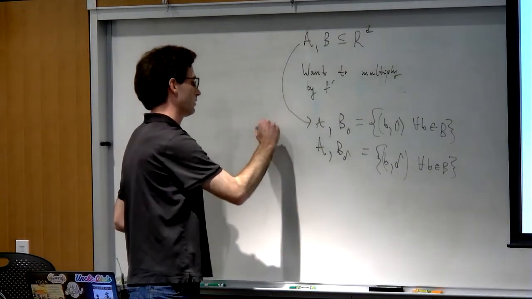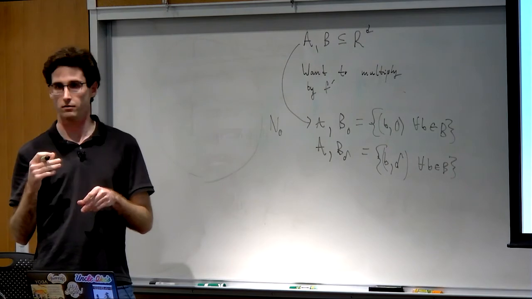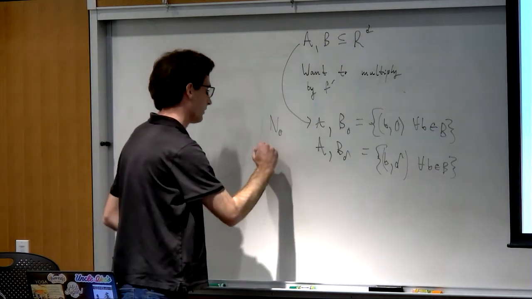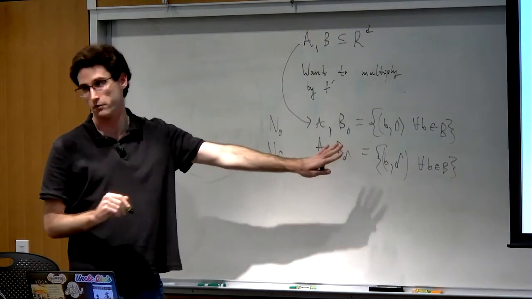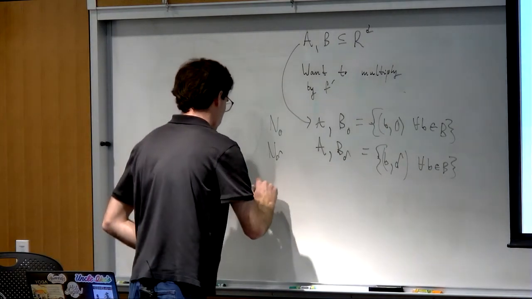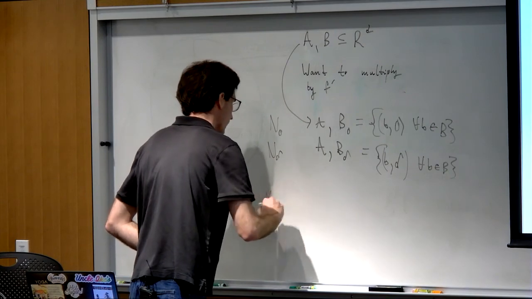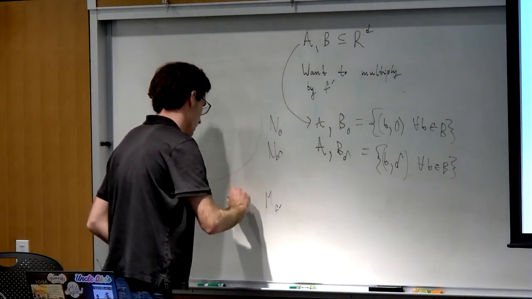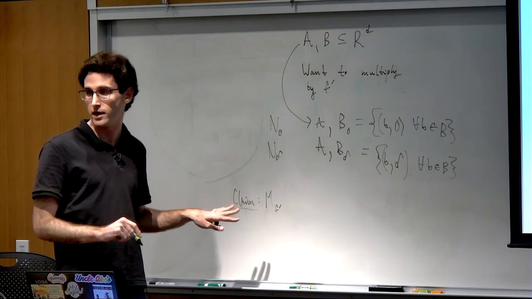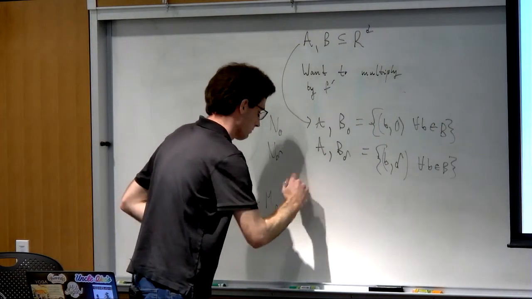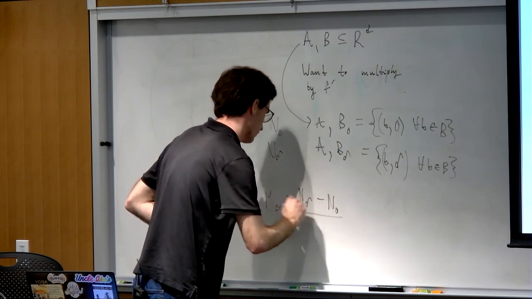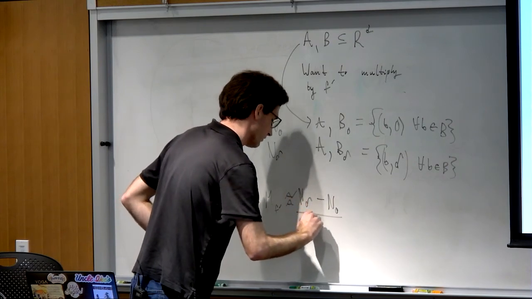Let n0 be the f matrix for these points, and let n delta be the f matrix for these points. The claim is that the matrix we want to multiply by, the f prime matrix, is approximately n delta minus n0 divided by delta squared.